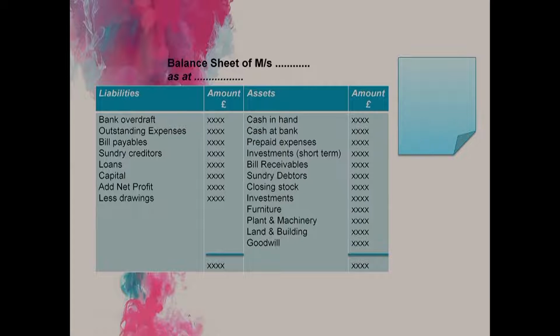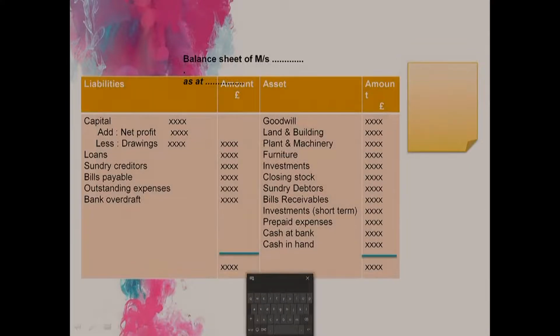So which order is this? This is the liquidity order. If you are following liquidity order, you will follow it on both the sides. If you are following permanency order, you will follow it on both the sides. So now let's see the next slide. In this slide you see that cash in hand has come last, and the goodwill has come first.